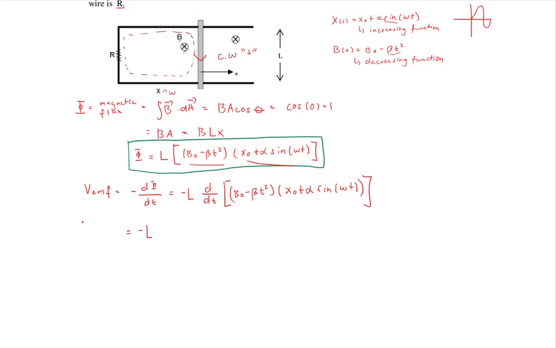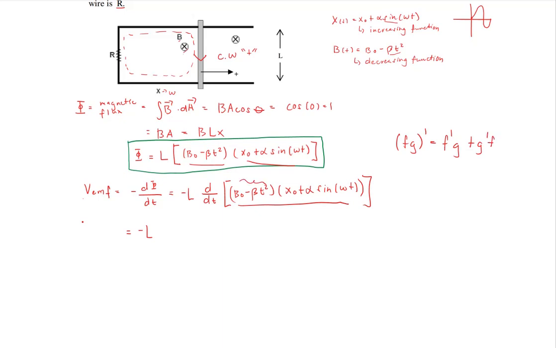We have to perform a product rule on these two, which states that if we have two functions, the derivative is f prime g plus g prime f.